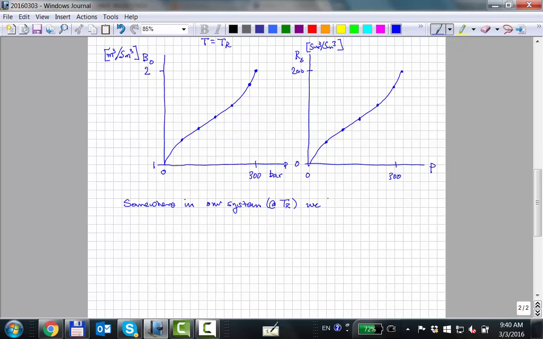Let's say that we have a GOR equal to 200. Probably it's equal to 200 everywhere, from top to bottom.